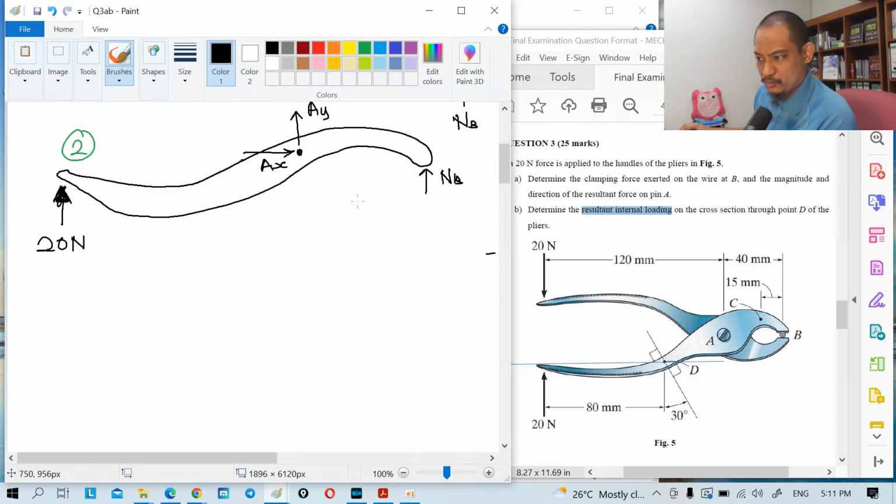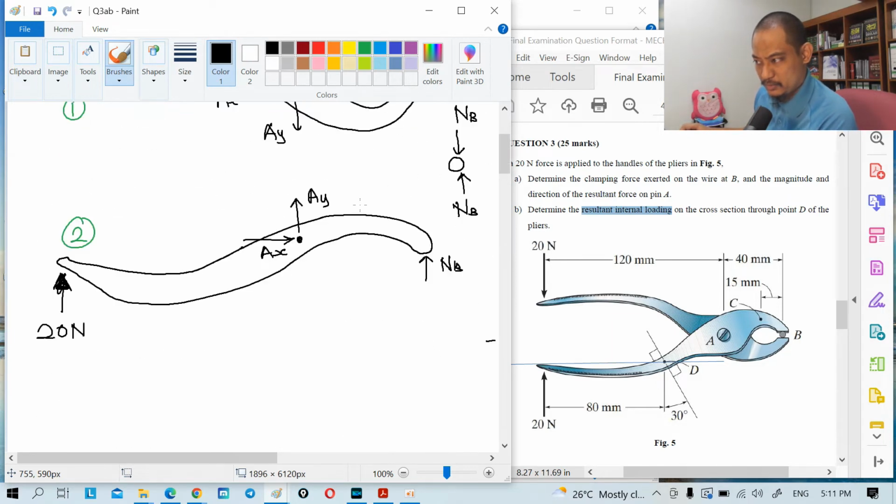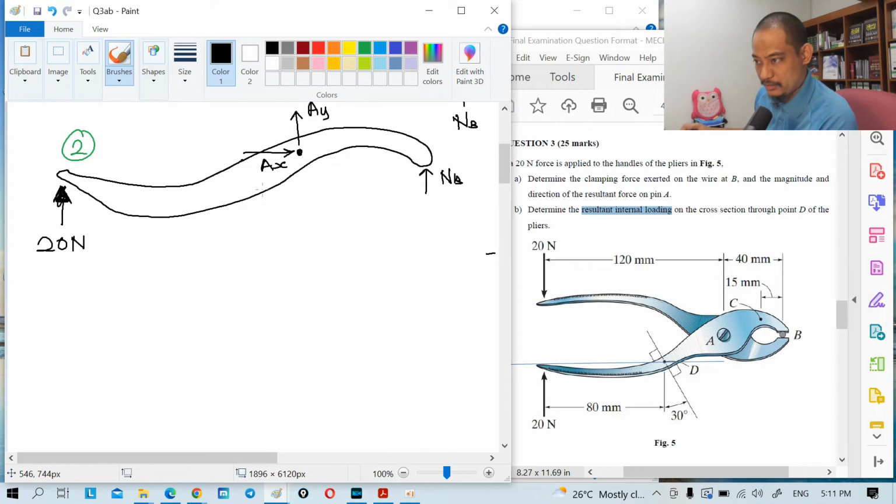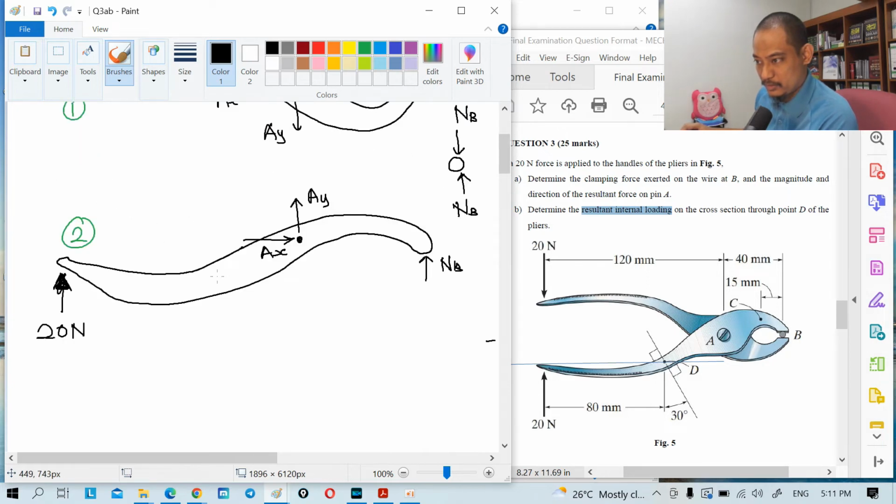Now there's two ways for calculating this, because point D is here, and it involves this free body diagram actually. Let's copy this.